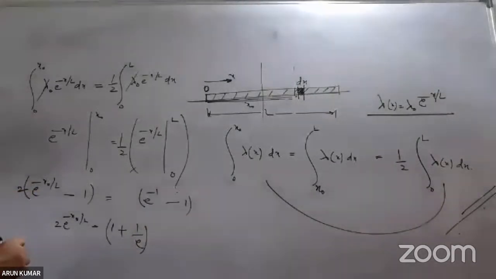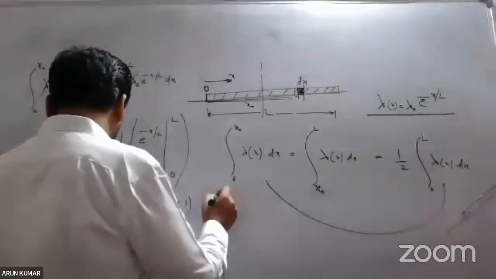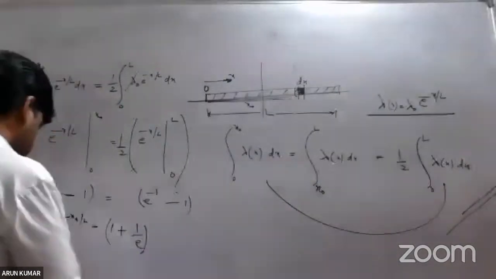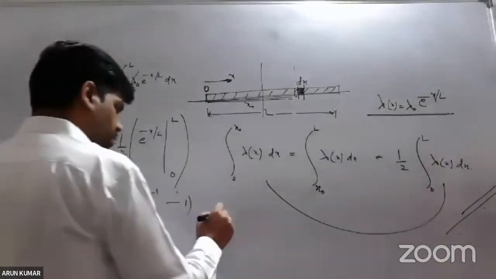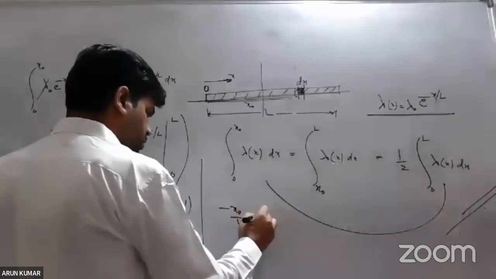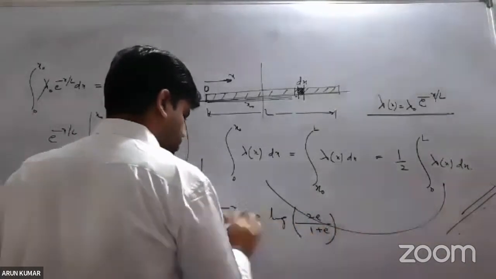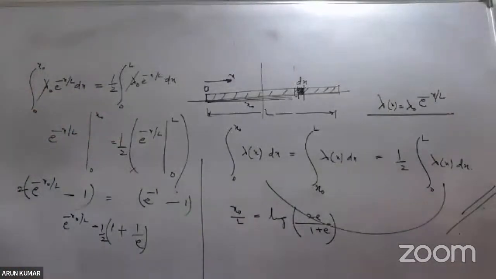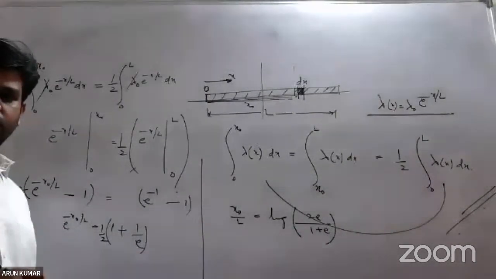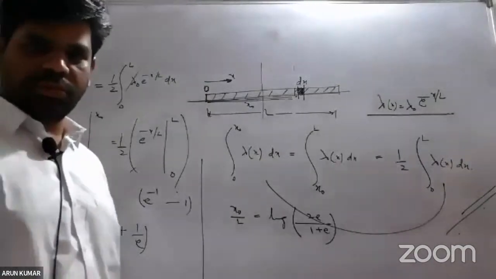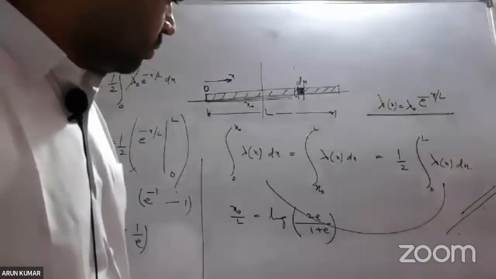Yeah, take logarithm on both sides. Log on both sides. You'll get... Yes, I've got the answer in a different way: x naught by L is equal to log 2e by 1 plus e.